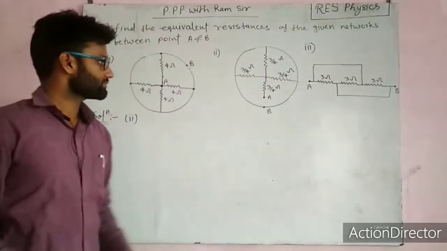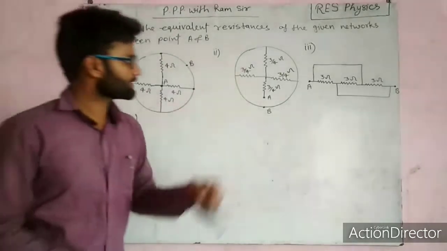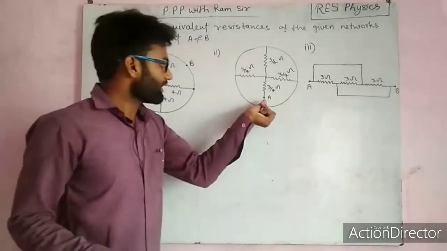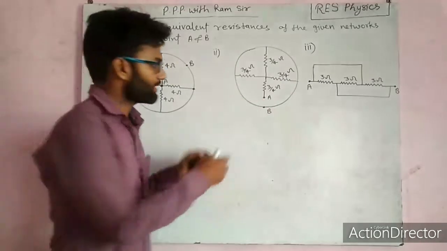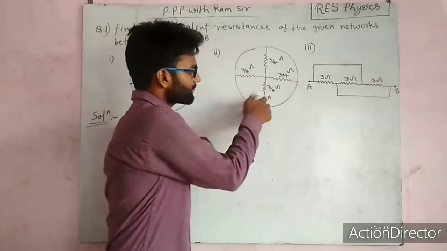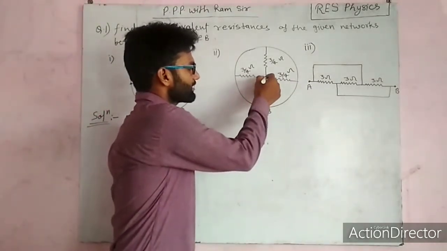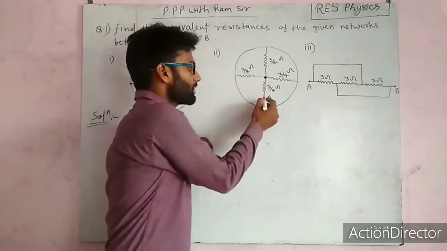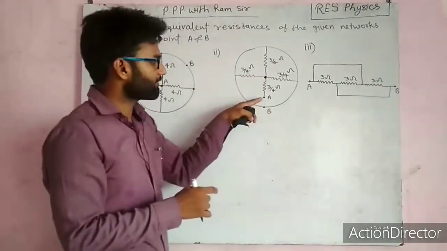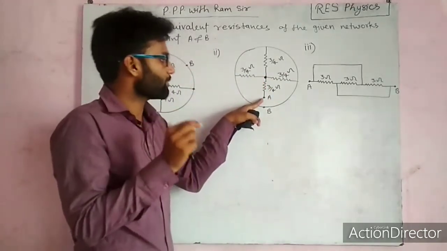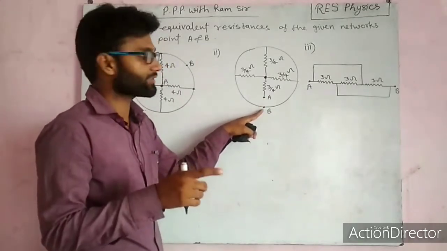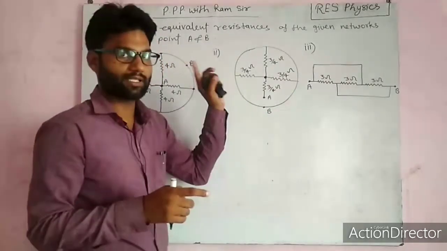See the second question. In this question, this point A is here, right? Point A is here because this resistance is connected with the center, but one end is free, and that free end is considered as point A, and another point B is on the periphery of this circle, right?